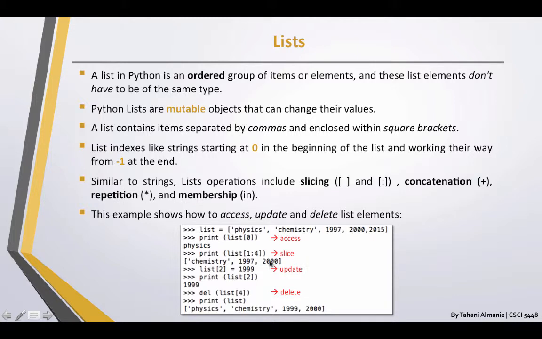So this will bring the first 3 elements. To update an element, use the assignment with the index, and to delete a value, knowing its index, you can use the del statement. But if you want to delete a specific value without knowing its index, you can use the remove method, as you will see later.